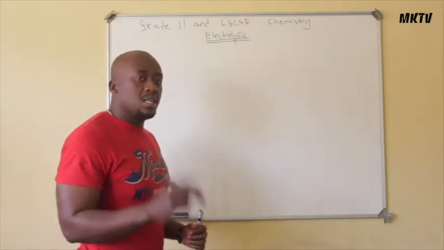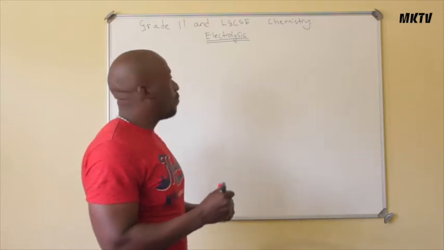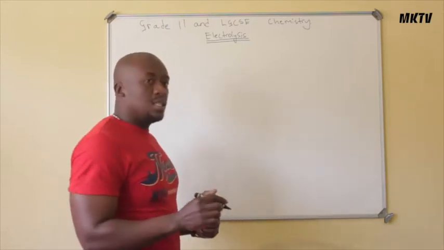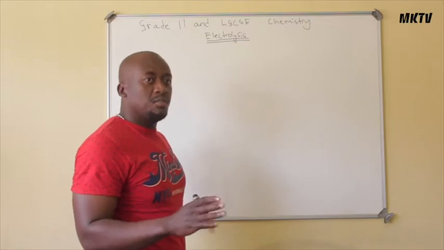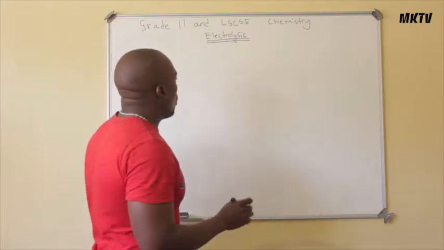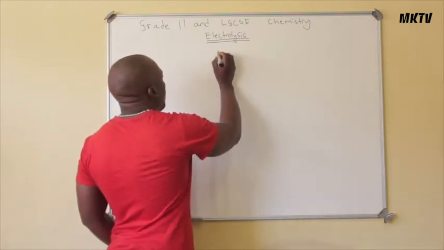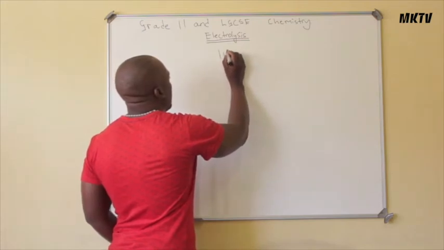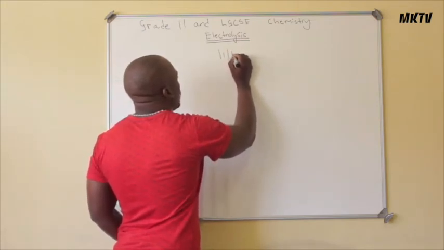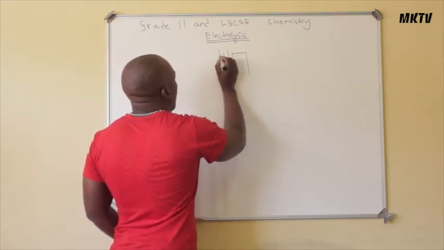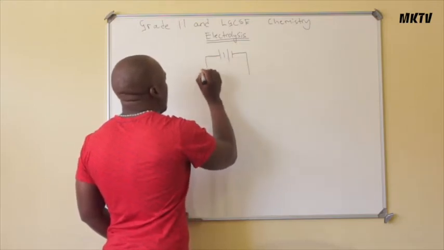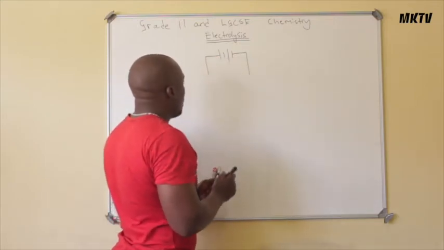Electrolysis happens in an electrolytic cell. In electricity, there are always the positive and the negative terminals. So now, we are going to have our electrolytic cell. This is how it is going to work. I have my electrolytic cell here, and I have the terminals.